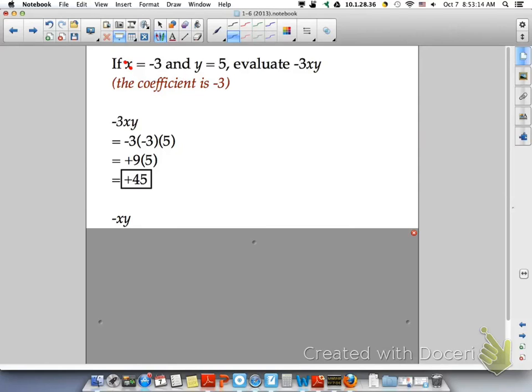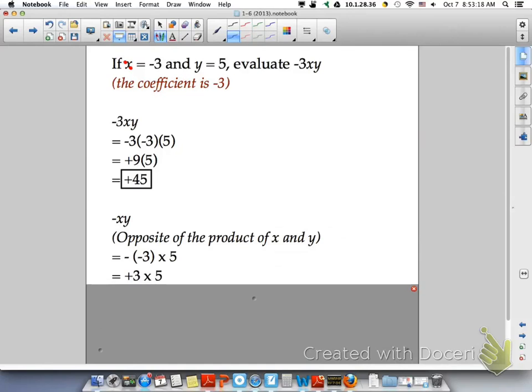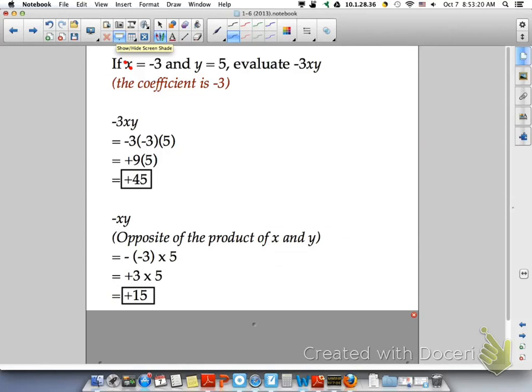Positive 3 times positive 5 is going to be positive 15. You guys see that? You can read it as the negative of a negative, but more helpful is to read it as the opposite of x times y. Okay, is there another way to look at this expression?